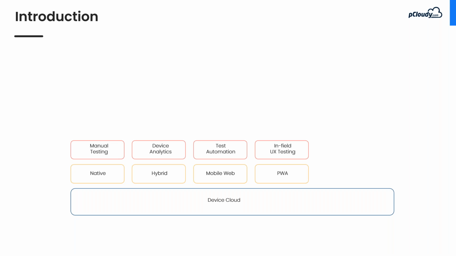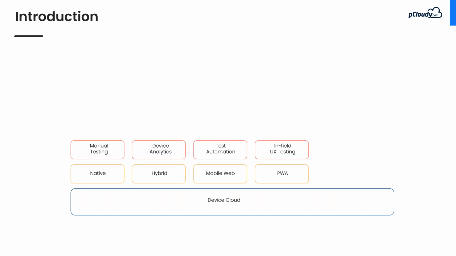We also provide test automation. These are some of the key things which we bring to the table. If you are using any open source test framework, maybe Appium, maybe Calabash, maybe Espresso, all these kinds of test frameworks and tools are supported at pCloudy by default.